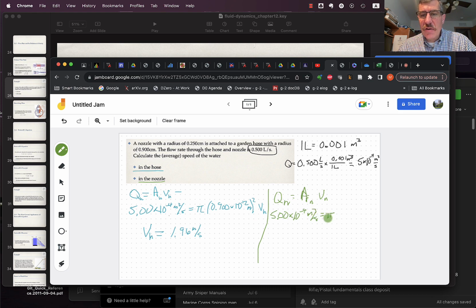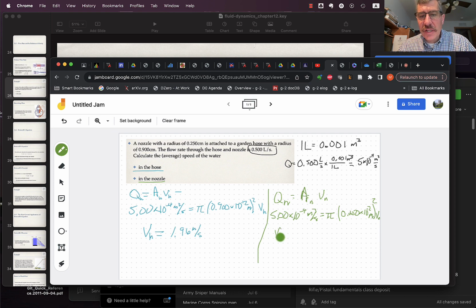That's going to be the area. Again, if this is a circular cross-section, area is going to be pi r squared. So pi times 0.25 times 10 to the minus 2 meters, squared, times the speed in the nozzle.